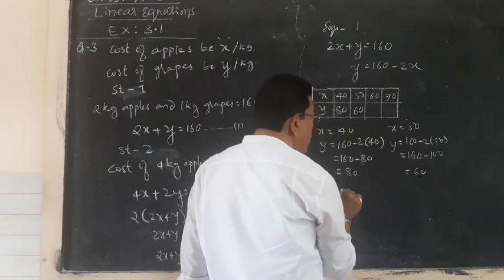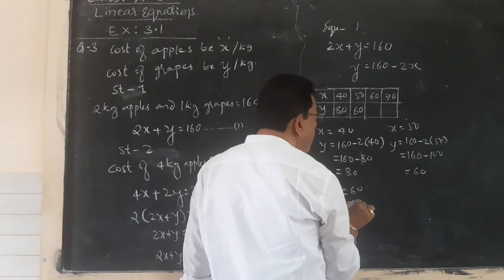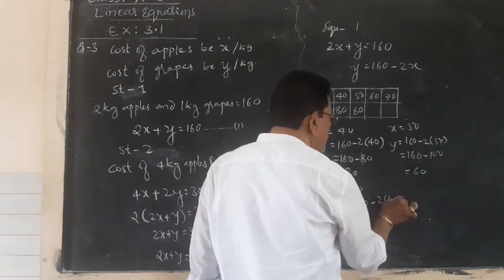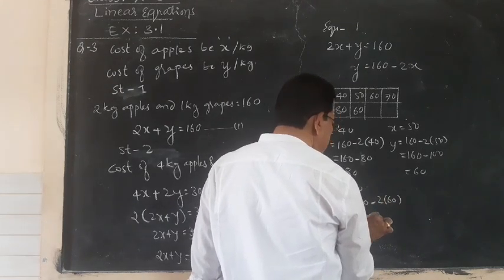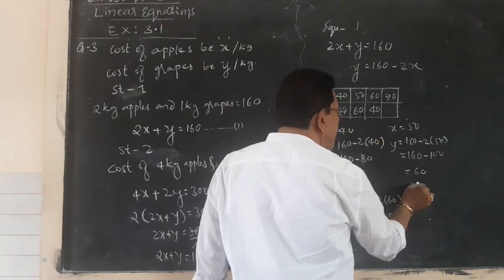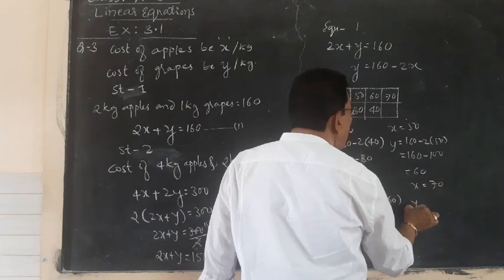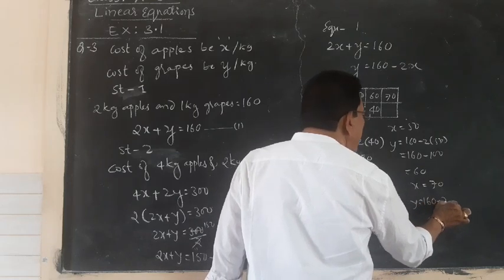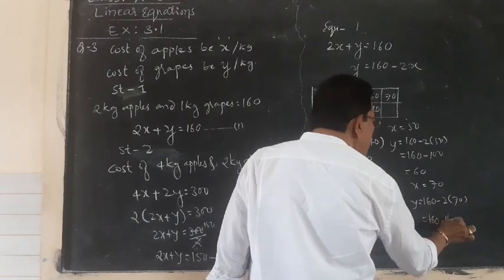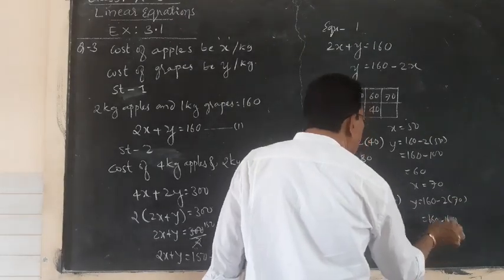Then x equals 60, y equals 160 minus 120, which is 40. Then x equals 70, y equals 160 minus 140, that is 20.